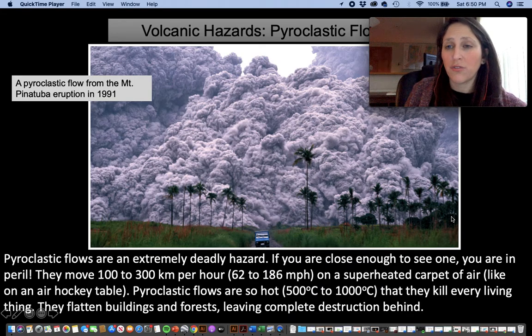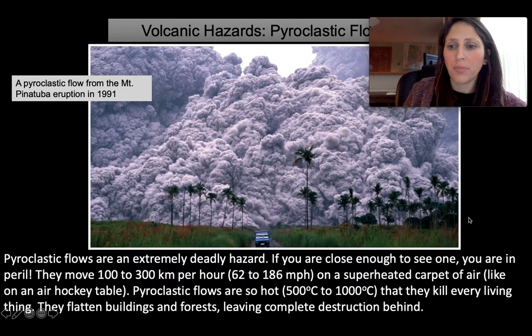These pyroclastic flows can move even faster. So they're extremely deadly, fast-moving plumes of hot ash, debris, and gases charging towards anything in its path.